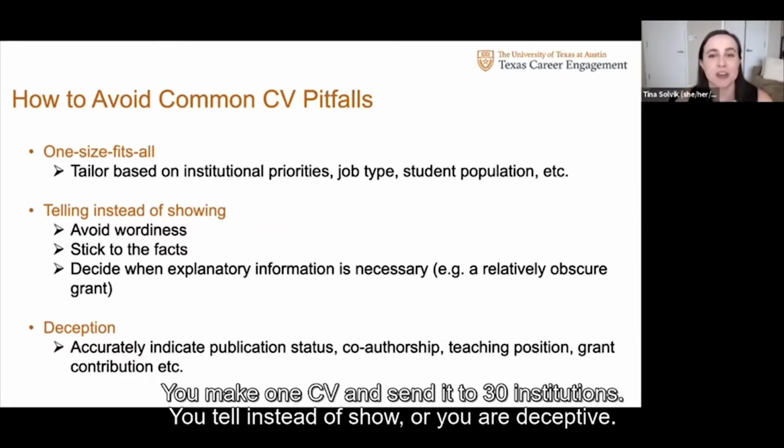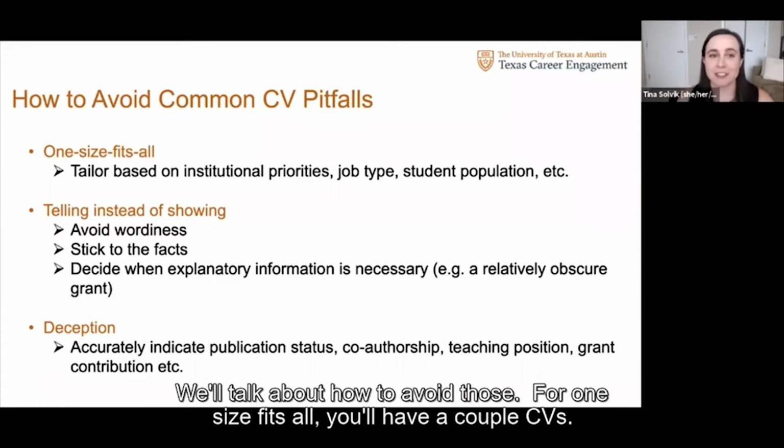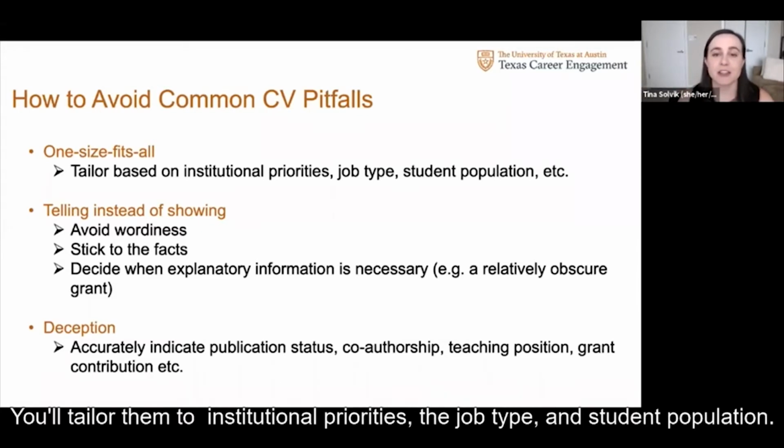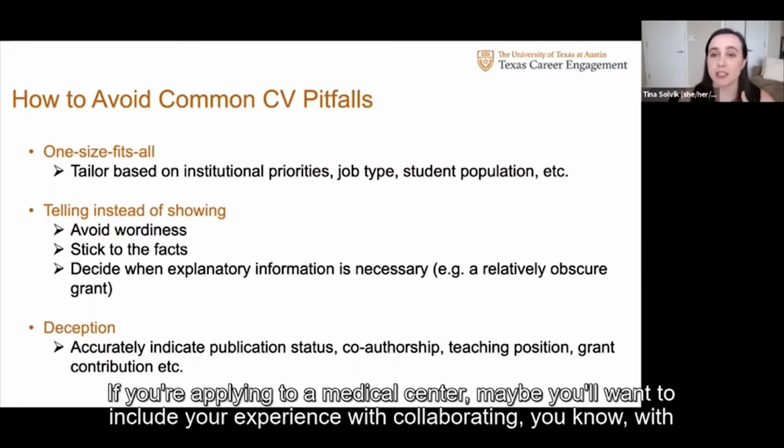So for one size fits all, you are going to have a couple different CVs. You're going to tailor them based on the institutional priorities, the job type, and the student population. So if you're applying to a medical center, then maybe you're going to want to include your experience collaborating with medical research labs.